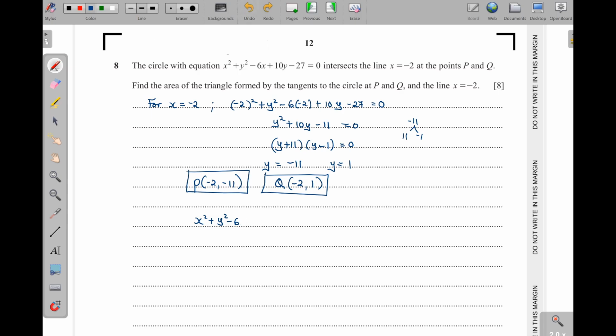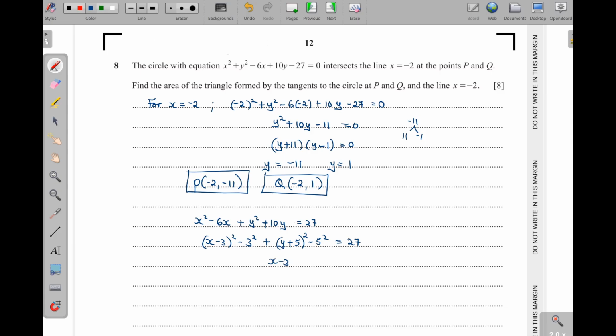Okay, I'm going to write x squared minus 6x, then plus y squared plus 10y, and maybe 27 goes this side. Divide this one by 2, you get a negative 3 squared. Then pop it out as a square, and then y, divide this one by 2, you get a 5. Put it in brackets in the square, and then you pop it out as a square, and it is equal to 27.